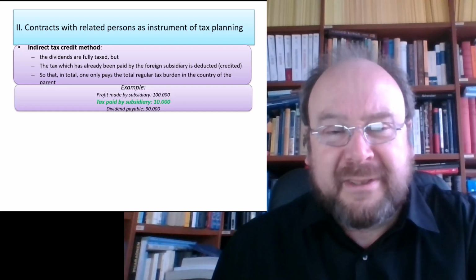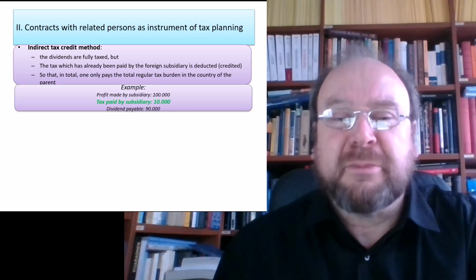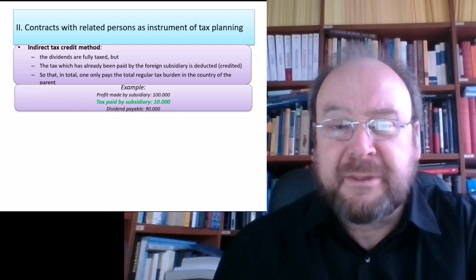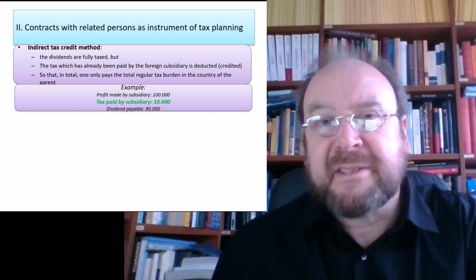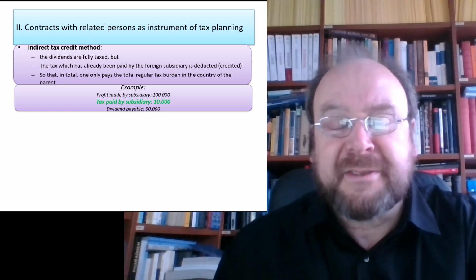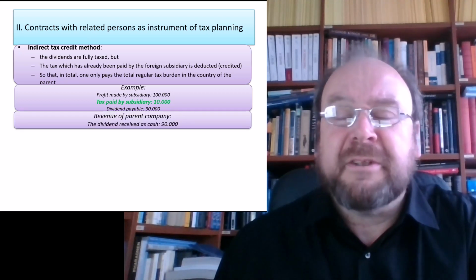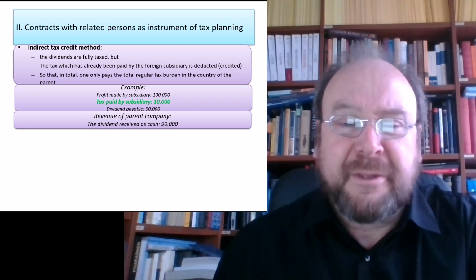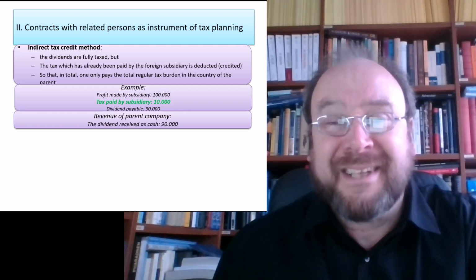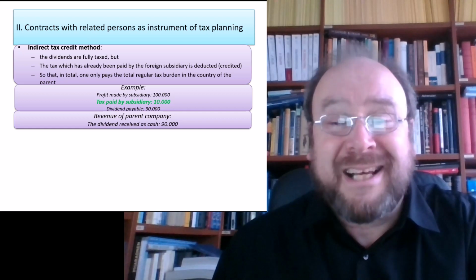To illustrate this as an example, imagine the profit originally made by the subsidiary is 100,000. The tax paid there is 10,000, so you can pay out a dividend of 90,000.